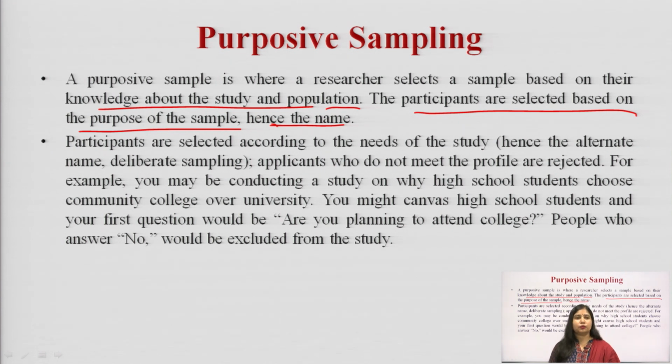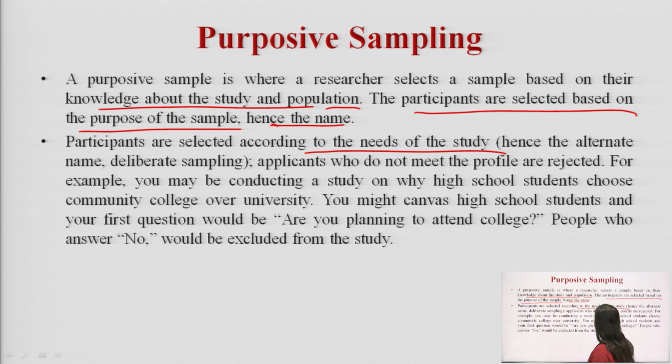For what purpose we are conducting a study, in this type of research the sample is selected on the basis of the researcher's knowledge and perception about the study, and participants are selected according to the need of the study.